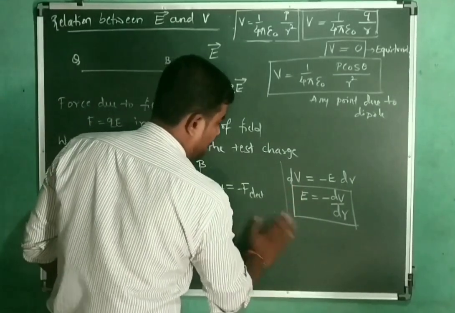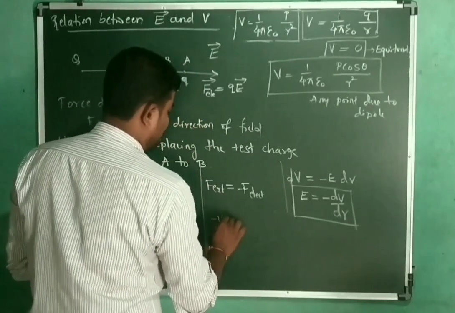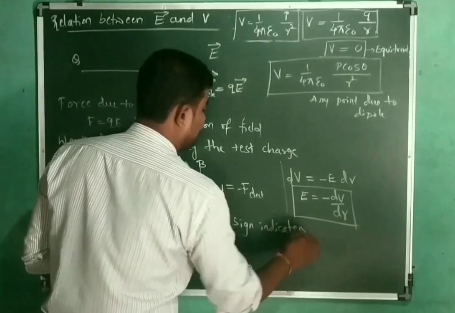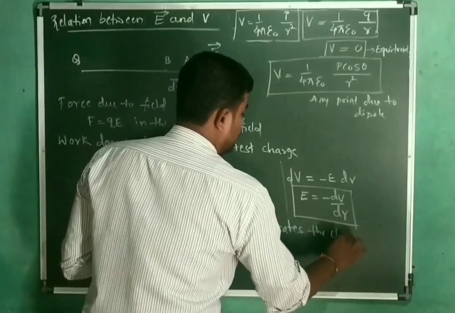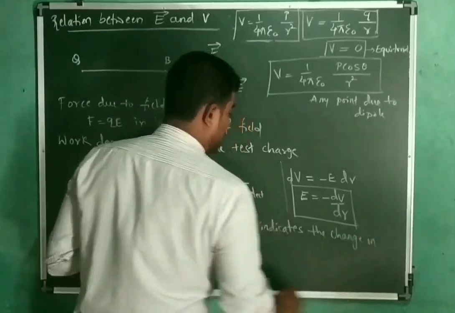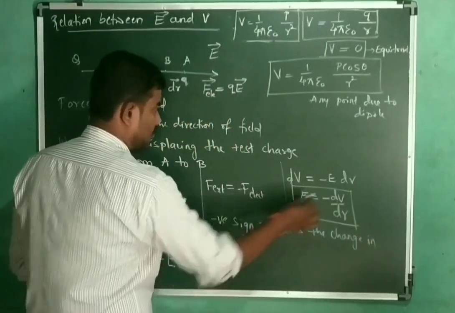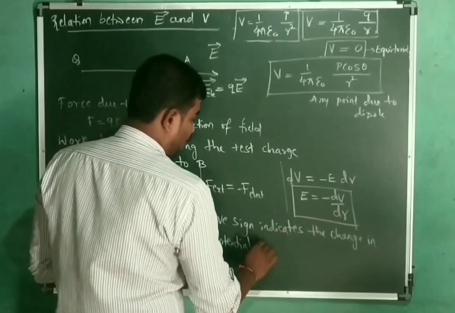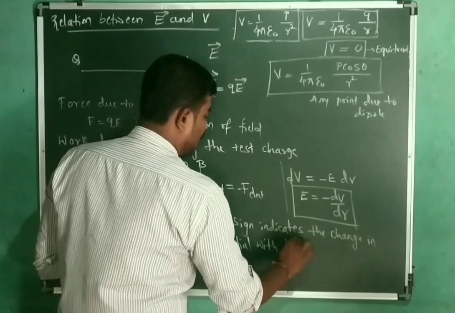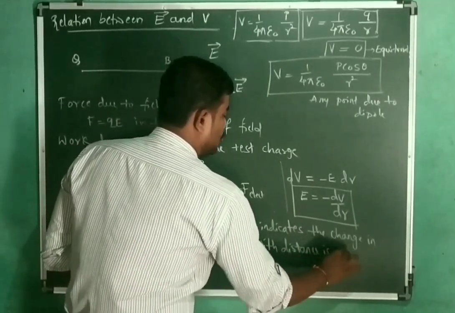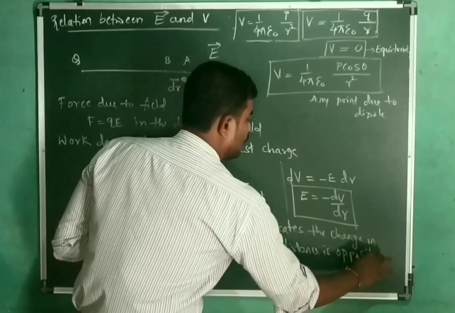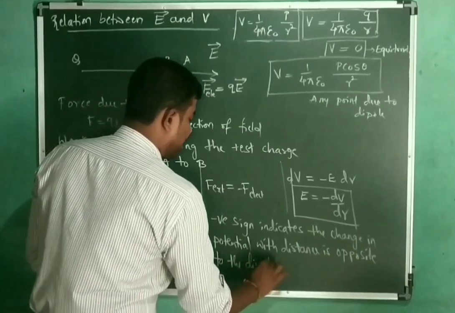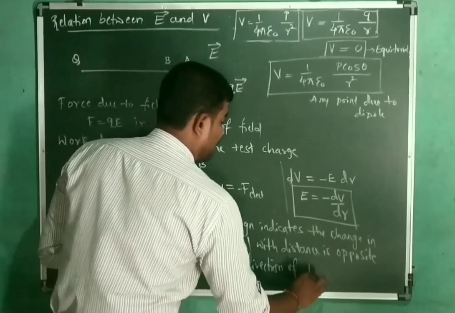So I will write here: negative sign indicates the change in potential, because dV is a change in potential, change in potential with distance is opposite to the direction of electric field intensity.